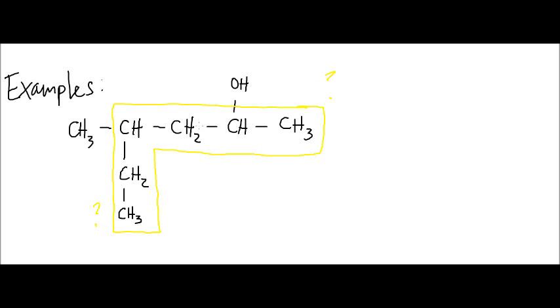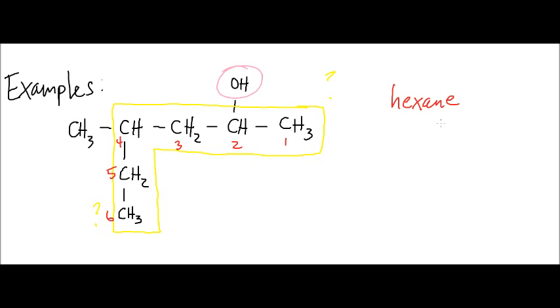When you're numbering, if you've got the alcohol functional group, which we'll outline in pink here, we want this to have the lowest possible number. So we're going to number these carbons from here: carbon number 1, 2, 3, 4, 5, 6. So we've got 6 carbons in our chain, and they're all single bonds, so it's really a hexane.